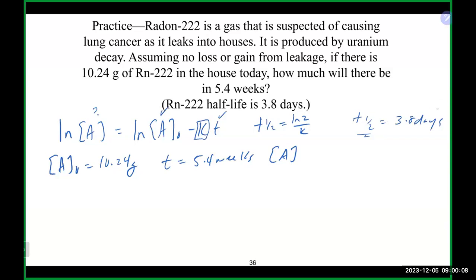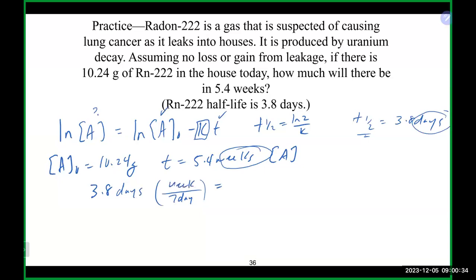Here we do maybe want to think about units as we do have some different units happening there. So at some point you do need to do a conversion between them. I'm just going to convert the half-life into weeks. You obviously could take the weeks into days, whichever way you want to do it. There should be 7 days in a week here.